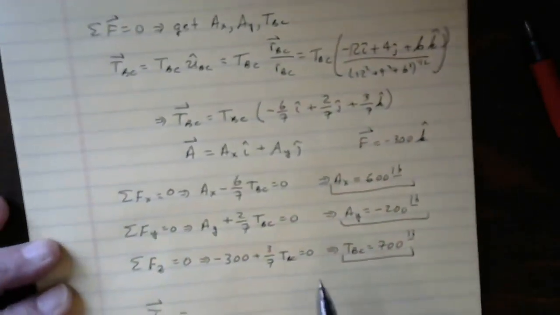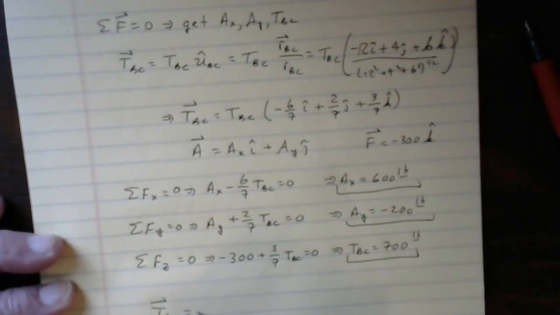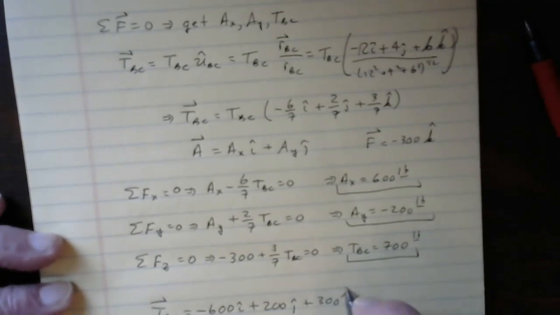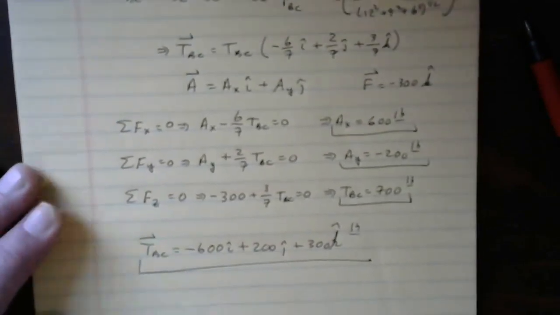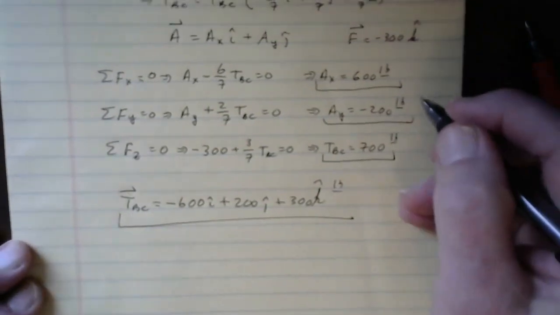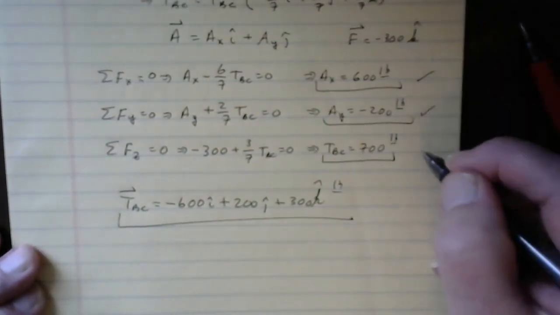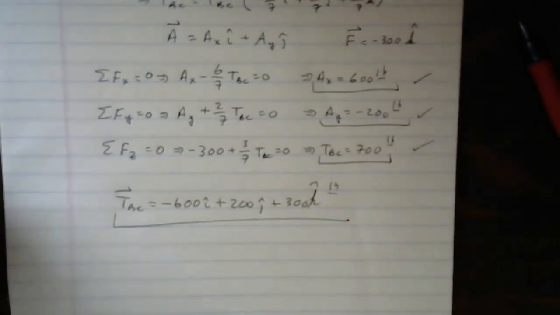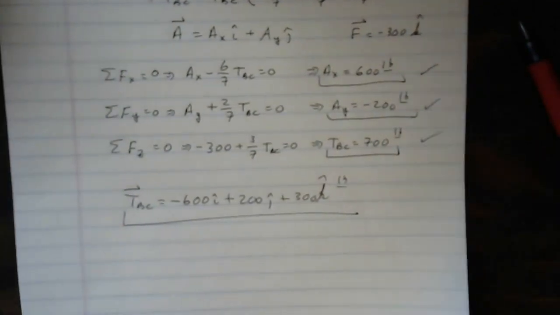TBC is 700, so I do a little bit of arithmetic, and I get TBC is minus 600i plus 200j plus 300k pounds. So there is the cable tension expressed as a Cartesian vector. So again, I've got AX, I've got AY, and I got TBC from the solution of the vector sum of the forces equal to 0.